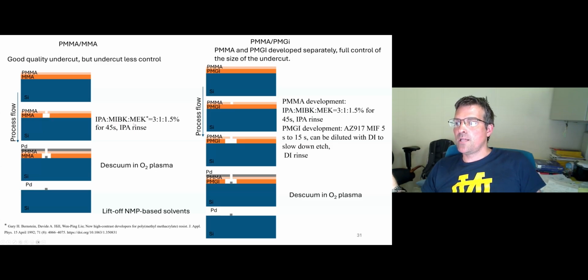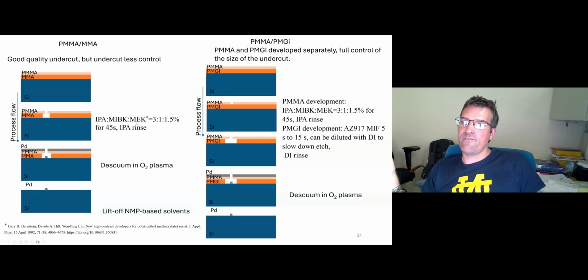Now, one of the best developers for PMMA and MMA is this IPA, MIBK, MEK mixture with these ratios. This was developed by Professor Bernstein and his students. It is a very high contrast developer for PMMA. It works really well and is very stable.